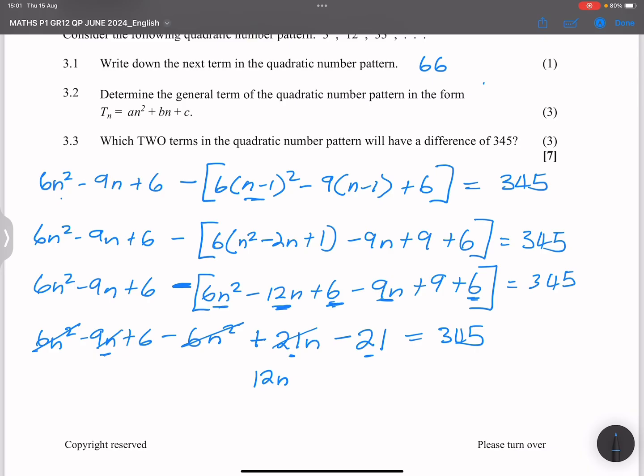Now, if I take that to the other side, so please note, if I say negative 21 plus 6, that would give us minus 15, right? So that would be negative 15, which is 345. But if I take the minus 15 to the other side, I've got 12n, which is equal to 360.